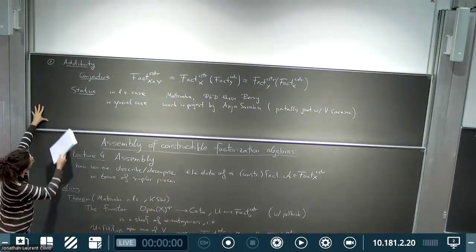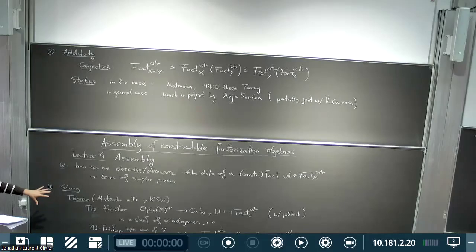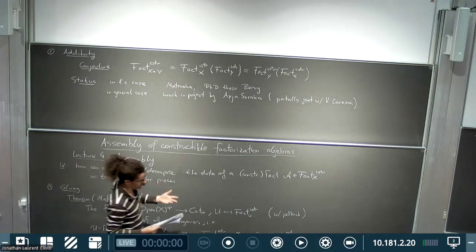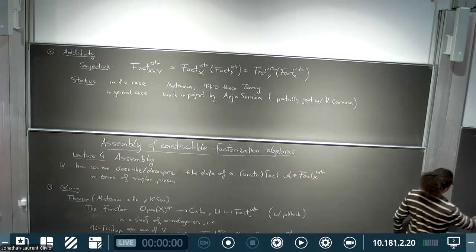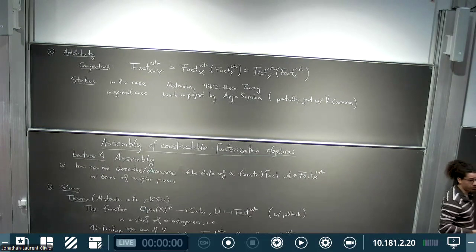If you look at these two things together, let's say you start with a smooth conic manifold, and the gluing tells you that you can decompose it into smaller pieces. But the local neighborhoods in a smooth conic manifold are not as simple as they are for ordinary manifolds.